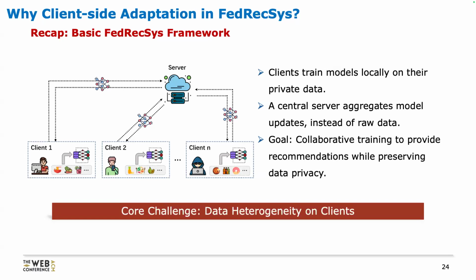These local updates, typically gradients or model parameters, are then sent to a central server. The server aggregates these updates, often by averaging, to create an improved global model, which is then distributed back to the clients for the next round. This iterative process allows collaborative training without sharing raw user data.